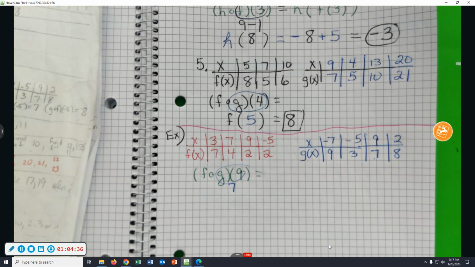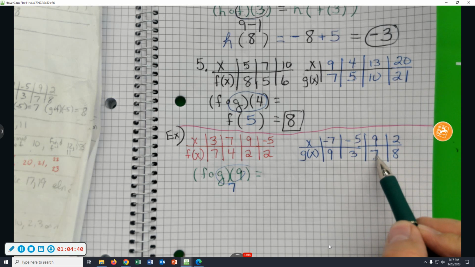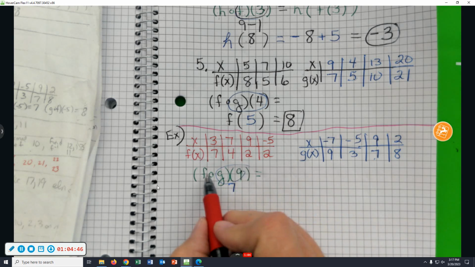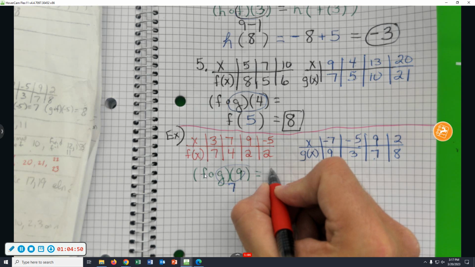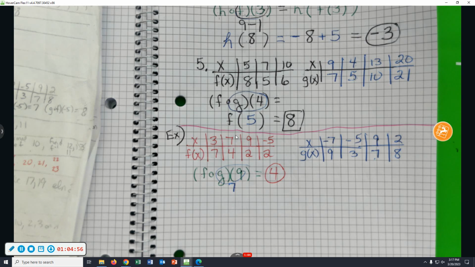There. So G of 9 is 7, and now what table do we use? The F table. F of 7 is assigned to 4. 7 is assigned to 4.